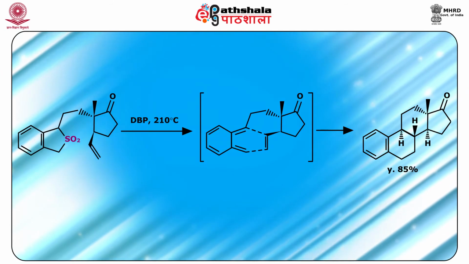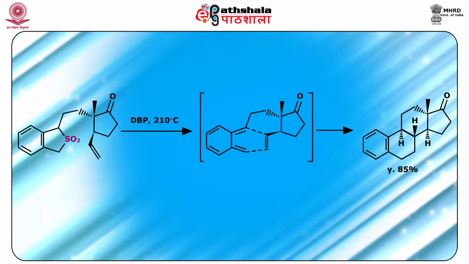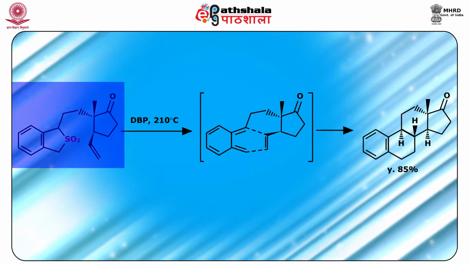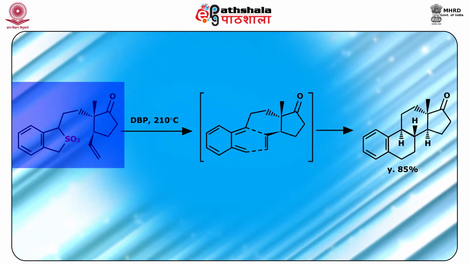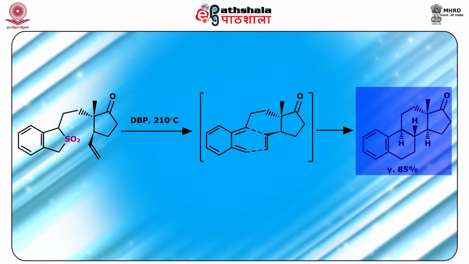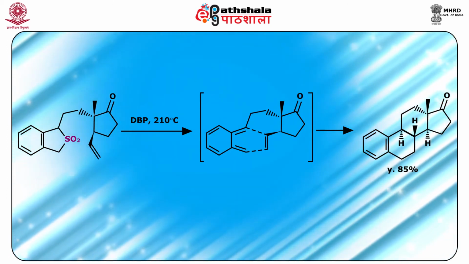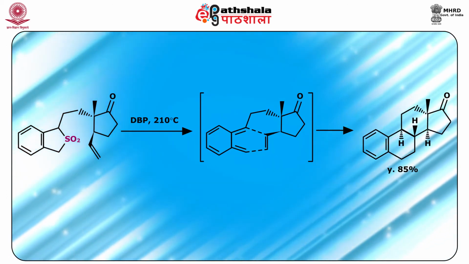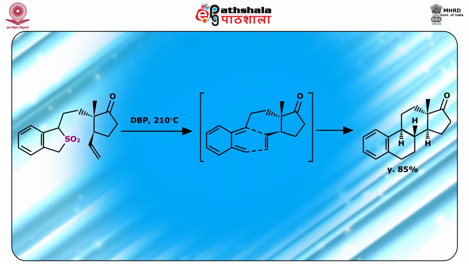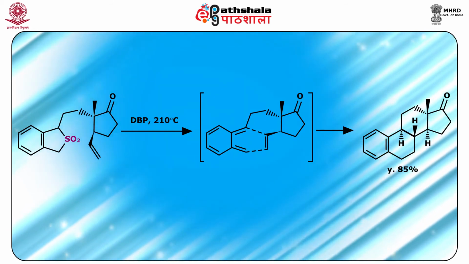In another cheletropic extrusion reaction, thermolysis of the substituted sulfone at 210 degrees in di-n-butyl phthalate solution generated the corresponding ortho-quinodimethanes by cheletropic elimination of SO2 and led to the indicated polycycles by intramolecular 4+2 cycloaddition.